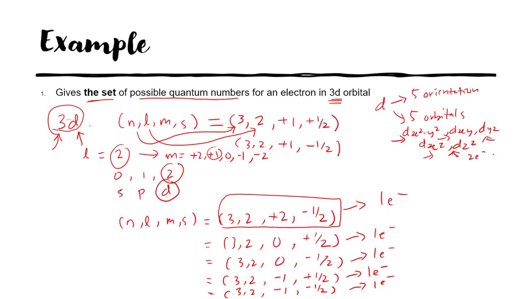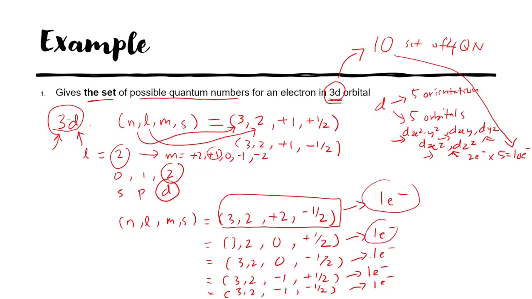And there are 5 orbitals, times 5, you get 10 electrons. So when you write down the set of possible quantum numbers for an electron in 3D orbital, if you write all of the possible quantum numbers, you should get 10 sets of the 4 quantum numbers. Why do you get 10? Because there are 10 electrons, and each set of quantum numbers refers to 1 electron.